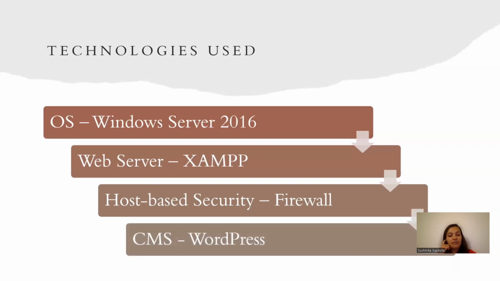Another technology that we have implemented in our project is WordPress as our CMS. WordPress is a widely adopted content management system known for its user-friendly interface and extensive ecosystem of plugins and themes.